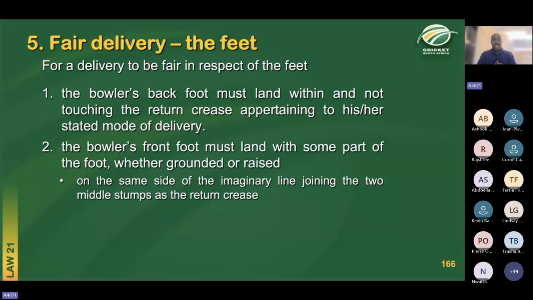So if you as a bowler tell me that you are bowling right arm over the wicket, then the stumps are here and you cannot land with your front foot on the other side of the middle stump. Both feet need to be this side of the middle stump if we say that we are bowling right arm over the wicket.